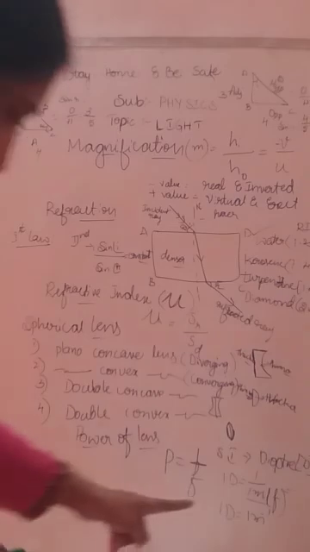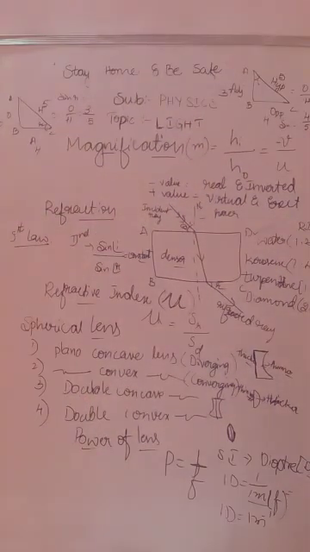The SI unit of the power of lens is dioptre. What is meant by 1 dioptre? The reciprocal of 1 meter of the focal length is called 1 dioptre. I mean 1 D equals 1 m^-1.